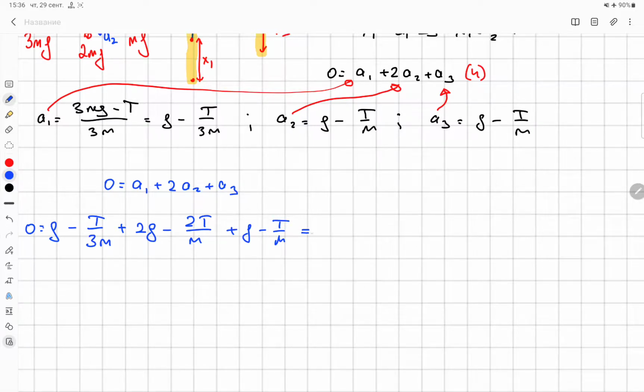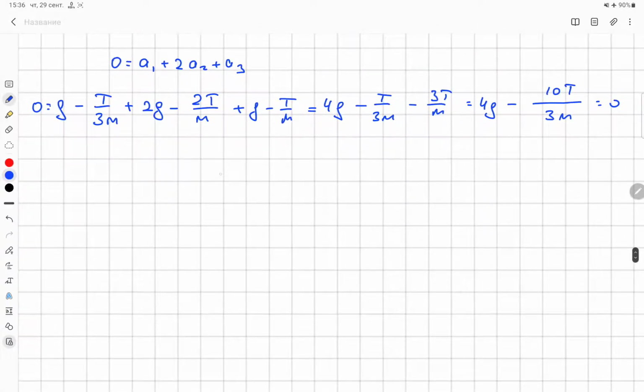So from here, we have 4g minus T over 3m minus 3T over m, which means 4g minus, here we'll have 3m and 10T, yes, 3 plus 9 is 12... 10T over 3m equal to 4g.